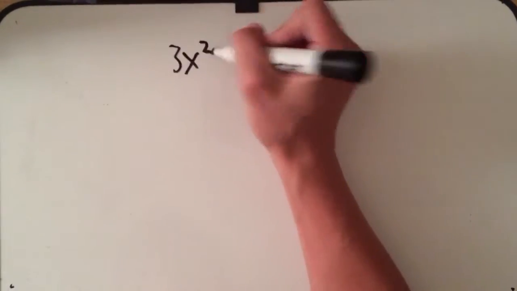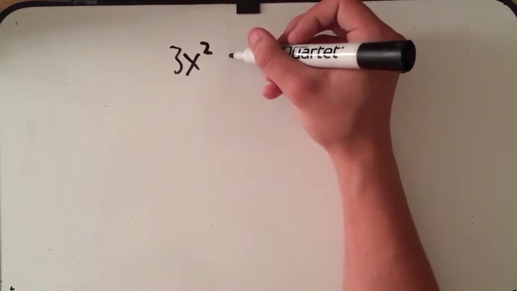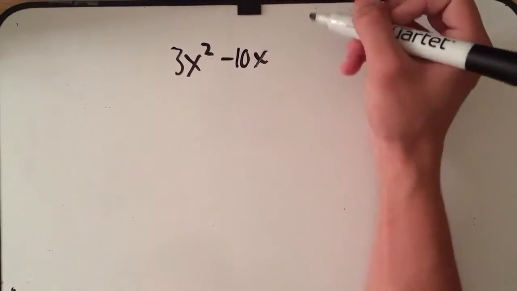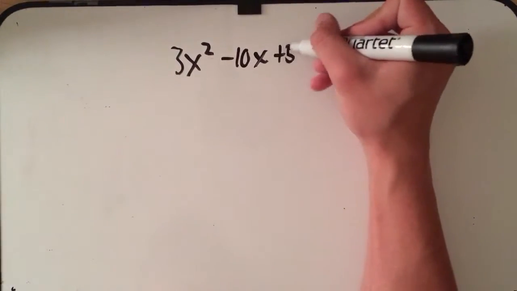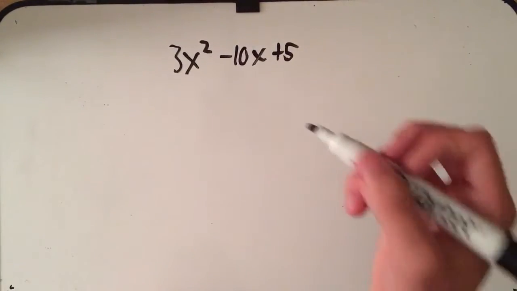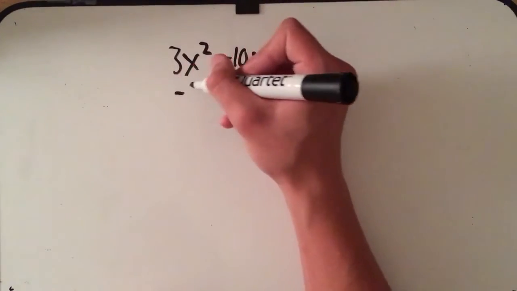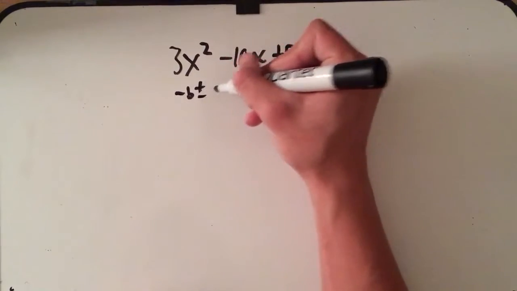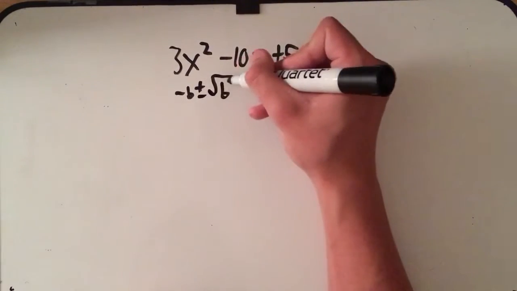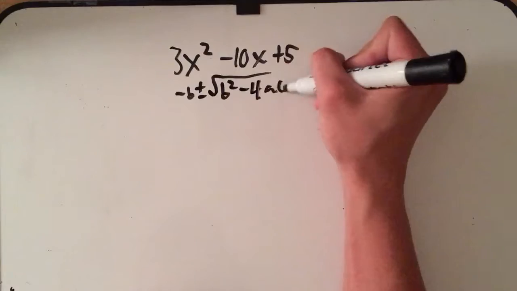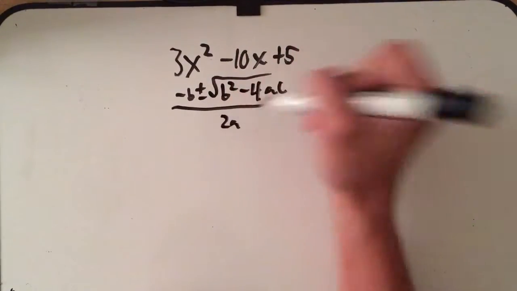So let's just rewrite that: 3x squared minus 10x plus 5. So go ahead and do the quadratic formula. Negative b plus or minus the square root of b squared minus 4ac all over 2a.